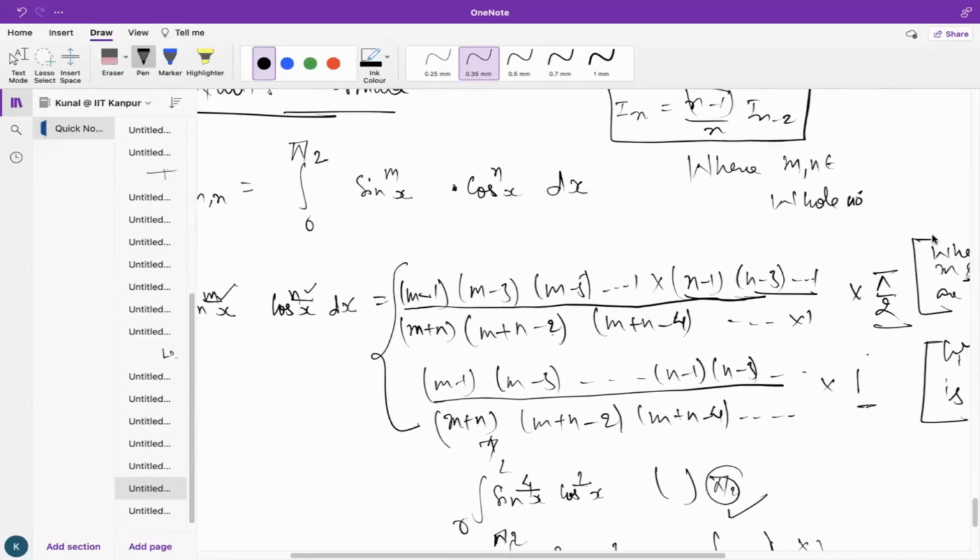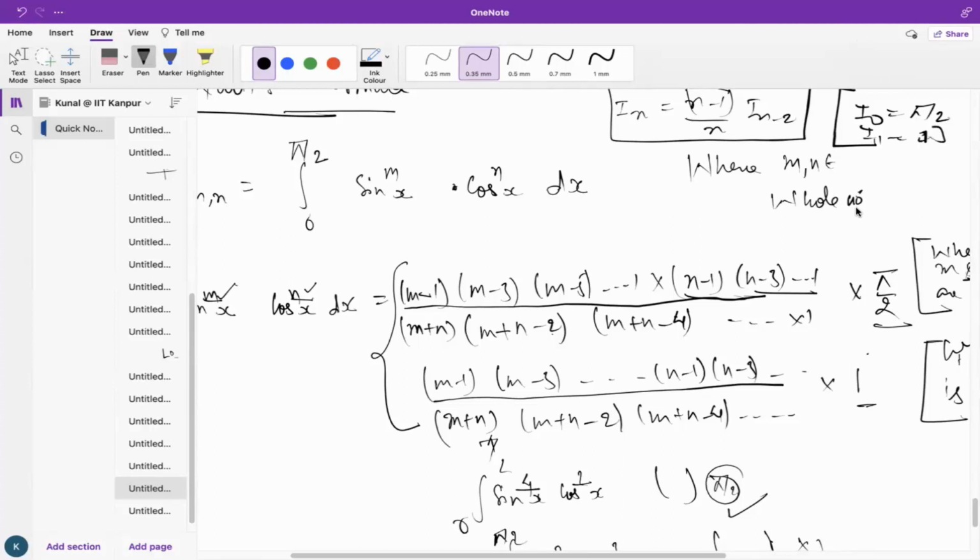And the case is multiplied by pi by 2. Why do we multiply by pi by 2 if both powers are even? Because we know the I0 value is pi by 2, and 0 is an even whole number. And for I1, it will be 1, where 1 is the odd number, right?